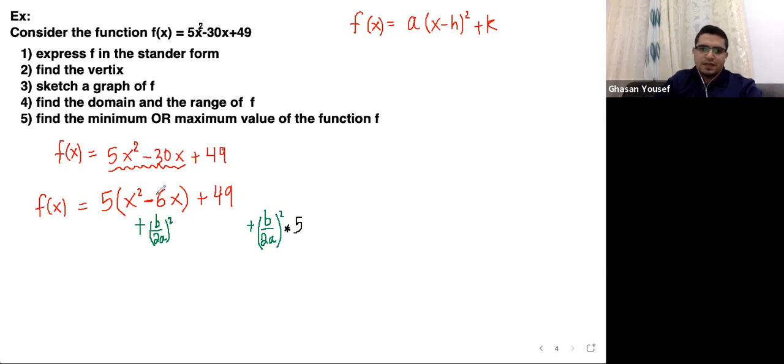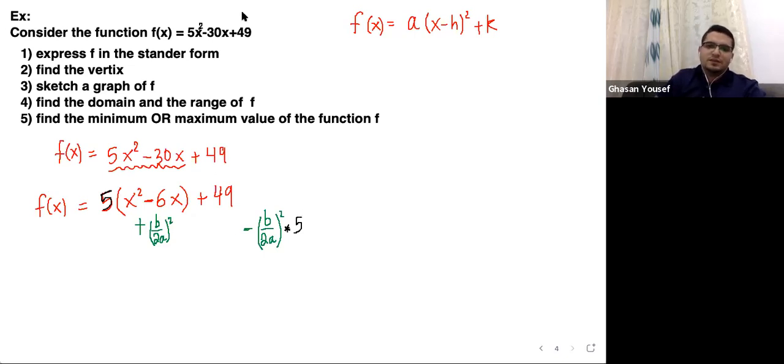This is inside the parentheses and this is outside the parentheses. So again, the second step, we add (b over 2a) squared inside the parentheses, and at the same time outside the parentheses we subtract (b over 2a) squared times this number, the 5.